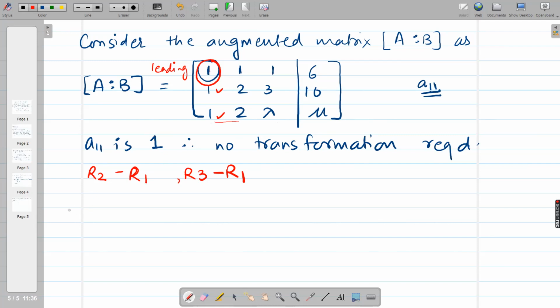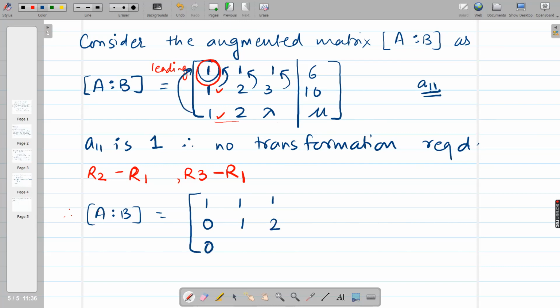Okay, so let us see what is AB now. So the first row remains same. Now second row, 1 minus 1 becomes 0, 2 minus 1 becomes 1, 3 minus 1 becomes 2. Similarly, 1 minus 1 becomes 0, 2 minus 1 becomes 1, and lambda minus 1 is lambda minus 1.